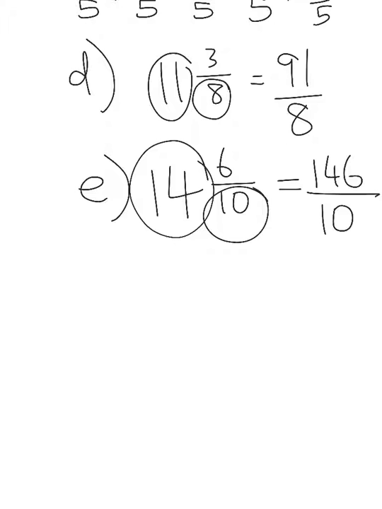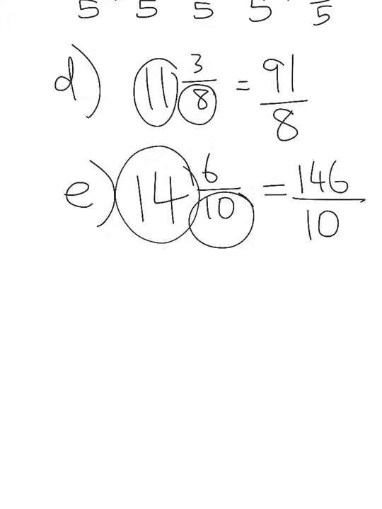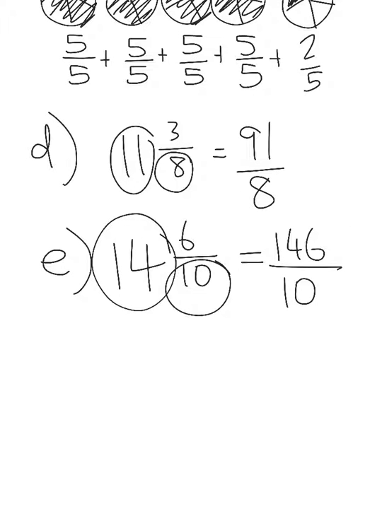However, have I answered the question? The question said I had to simplify. None of these improper fractions had any common factors so far, except for 146 over 10. And straight away, because they're both even numbers, I can see that I can divide by 2. And let's see what happens when I do that.